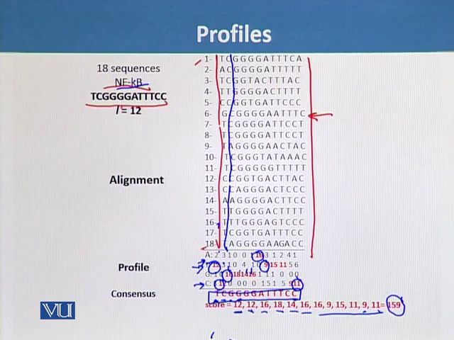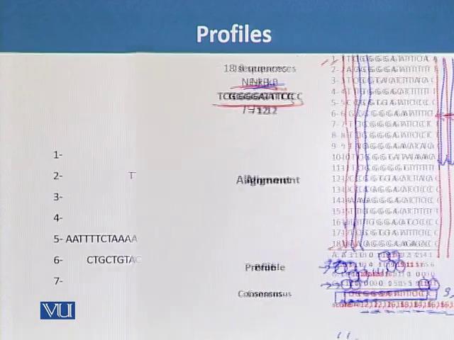So this is the score S of this profile. We can calculate the score S of any DNA sequences that are aligned in this manner, by using the technique of alignment matrix.